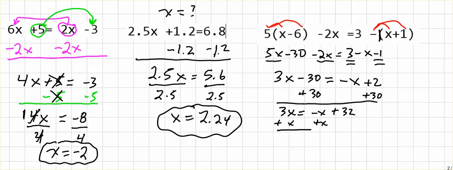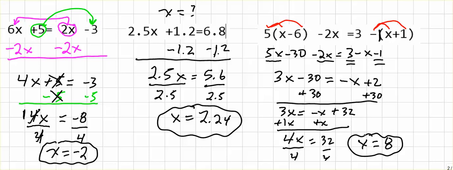And remember, this is really 1x, so this becomes 4x equals 32. And then to continue our solution, divide both sides by 4, so x equals 8. So that's more of a complicated problem. Again, the idea was to do simplifying, do this distributive, and then combine any like terms.